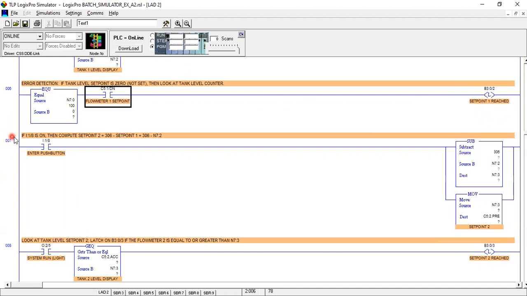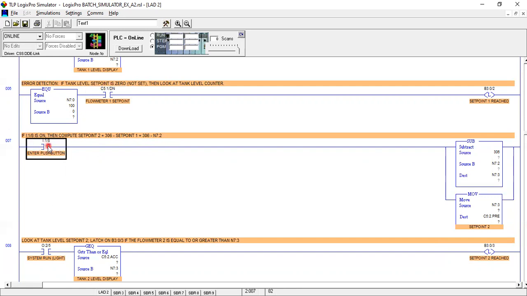The next one we have to connect is the statement, as you can see: read if input I:1/8 is on, then compute set point 2 equal to 306 minus set point 1, equal to 306 minus N7:2. Then on the left we have to connect the enter push button.